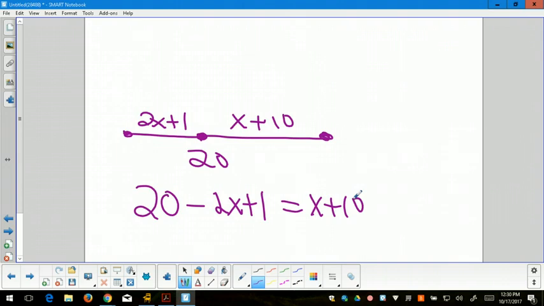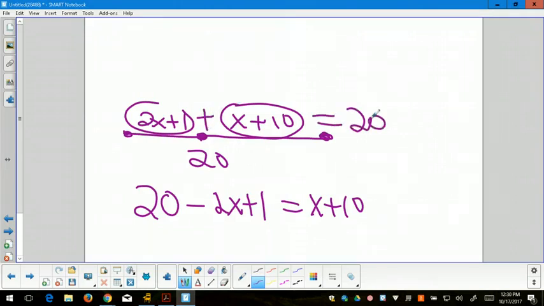Yes? They're not congruent to each other. If they were, I could set this expression equal to this one, and I wouldn't even worry about the 20. I could even cut the 20 in half and set them each equal to 10. But instead of saying this plus this equals 20, which is how we use the segment addition postulate, I said 20 minus 2x plus 1 equals x plus 10.